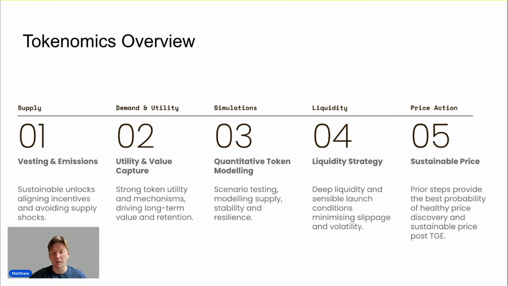And so having a liquidity strategy that is both working with market makers, understanding the launch venues of centralized exchanges, decentralized exchanges, and ensuring that the conditions are such that the token can have a successful launch with hopefully somewhat reduced volatility, and then continuing to have best practice tokenomics is what's going to lead to the biggest probability of a sustainable price and good price action in the future post the token generation event and launch.